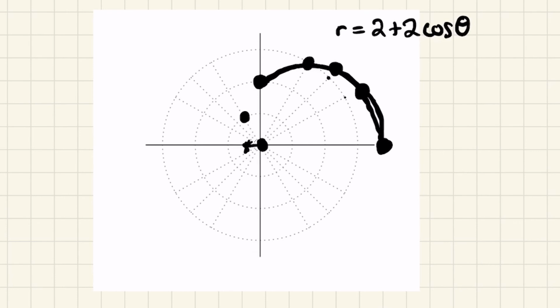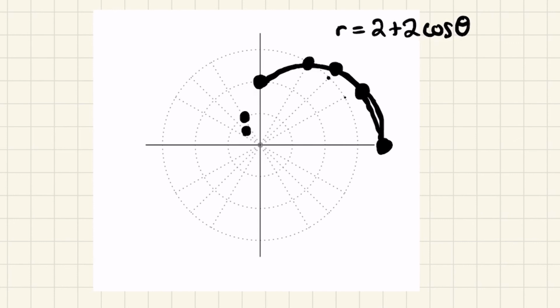at the origin. Okay, so next is 3 pi over 4, and cosine of 3 pi over 4 is negative root 2 over 2, so this is like 2 minus root 2. That's about 0.6.